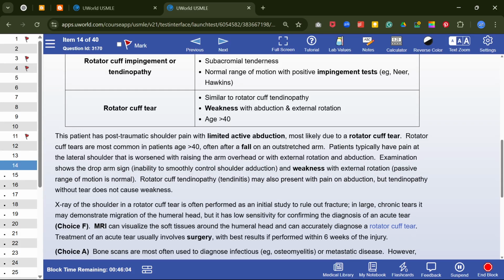This patient has post-traumatic shoulder pain with limited abduction, most likely due to rotator cuff tear.